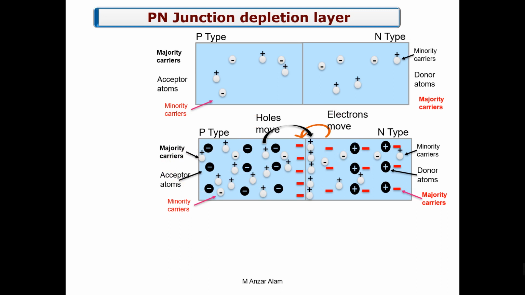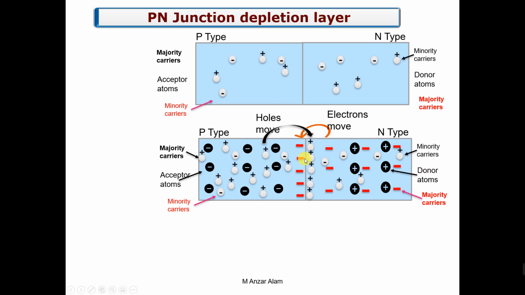So what will happen after diffusion of free electrons and free holes? There will be an equilibrium state, and under this equilibrium state there looks like an electron cloud and a hole cloud. These two will not allow further migration of the electrons from one end, or holes from one end to the other end.